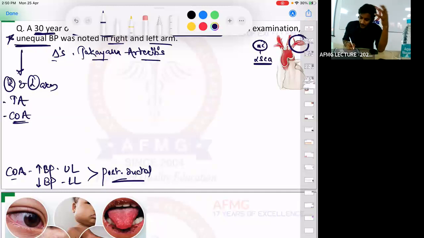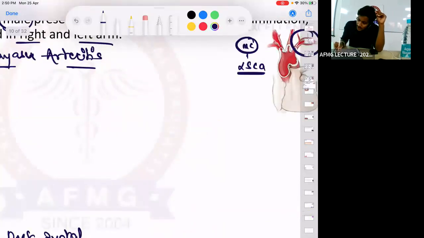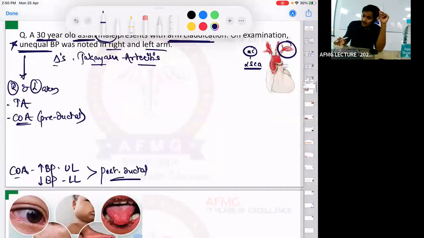Whereas unequal blood pressure in the right and left arm is seen in pre-ductal COA, which means somewhere over here there is coarctation of aorta. Okay, no issues with this, guys.